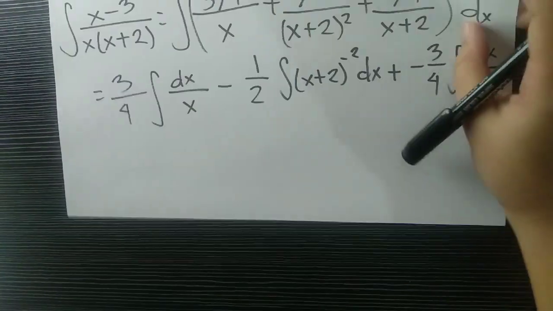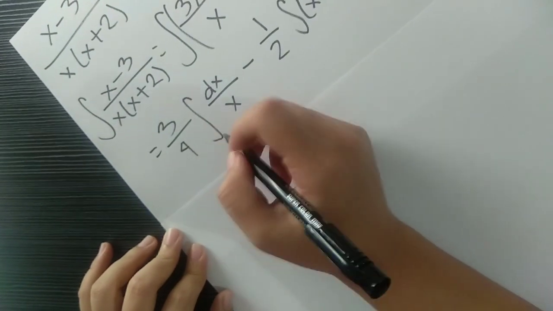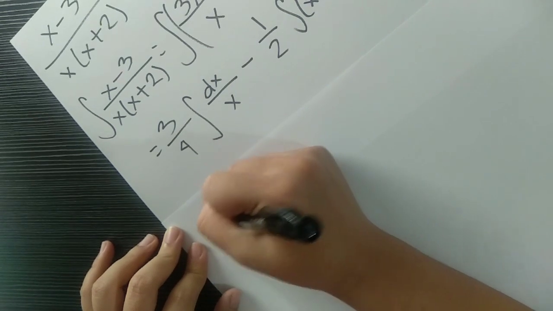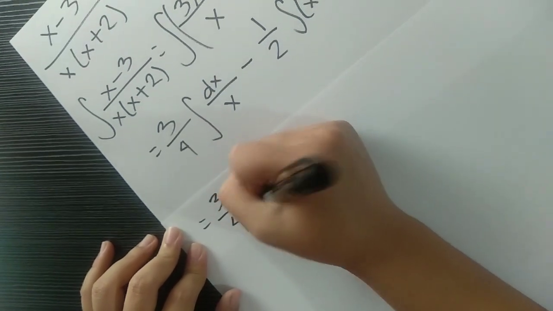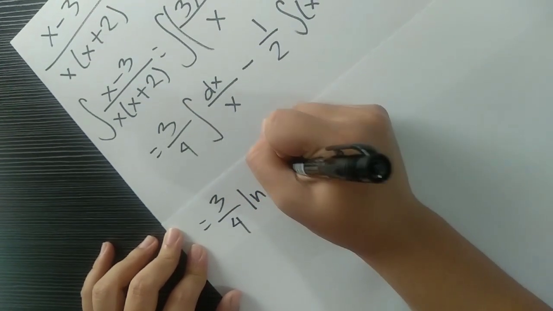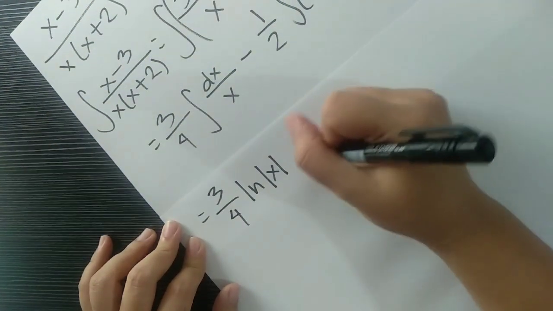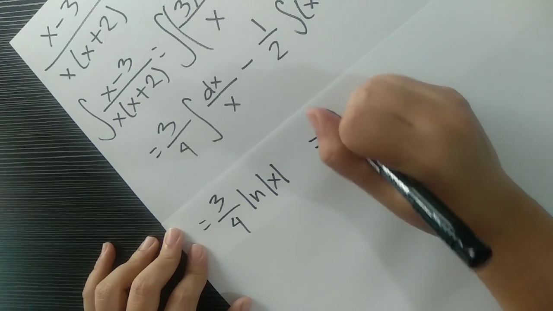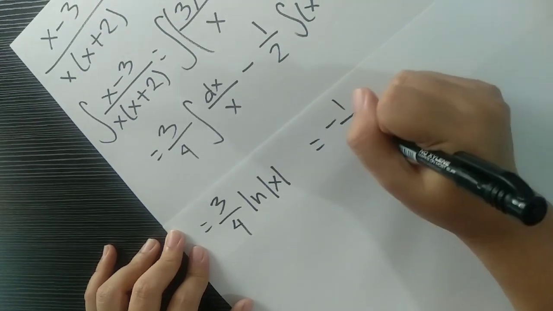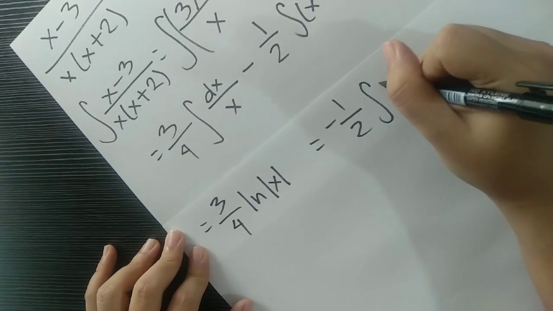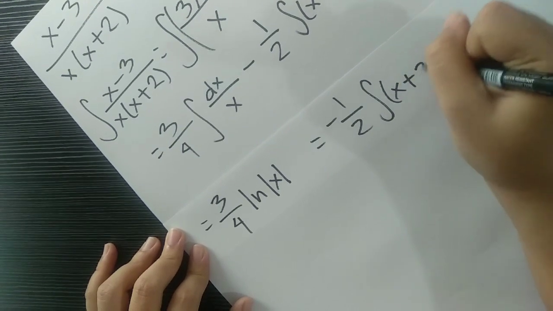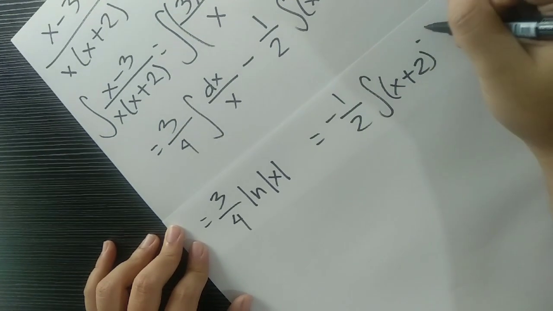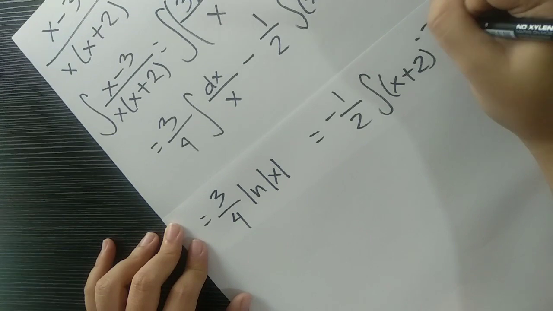Now, we already solved the first as equal to 3/4 ln of x. To solve this one, we have negative 1/2 integral of (x + 2) raised to negative 2.